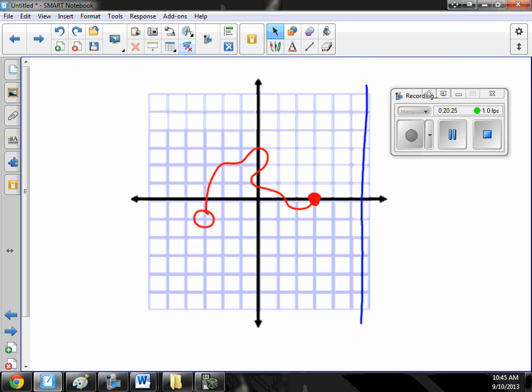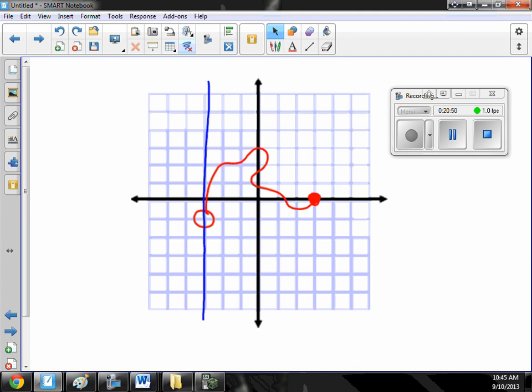Are there any x's that miss the graph? Do some of them miss? Okay. So what's the smallest one that hits? Well, we'll say -3, and then we just won't include it. So it actually is -3, but we'll just throw that number away. I'll show you how to do that.